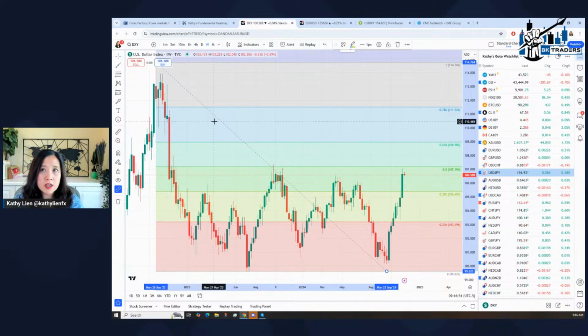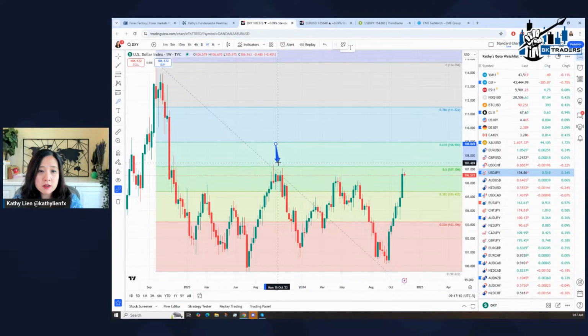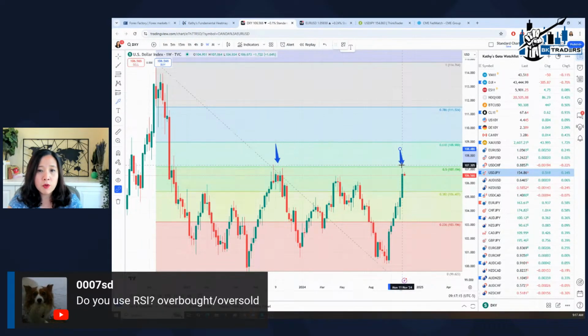You can see that the 50% fib of this move is right at pretty much where the rally stopped last week, which, no coincidence, coincides with these highs here. It's important for a reason, so it is very, very important, in my opinion.